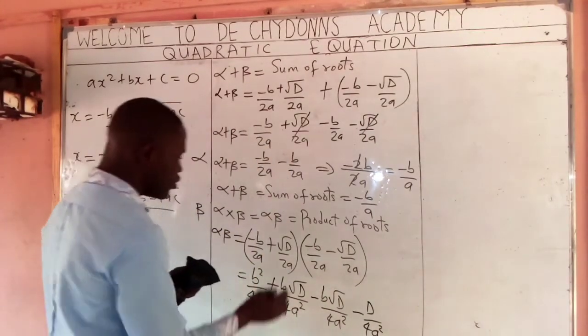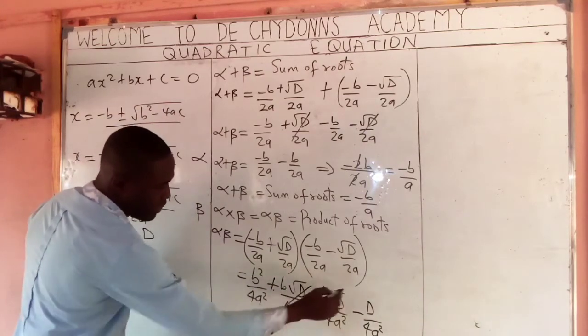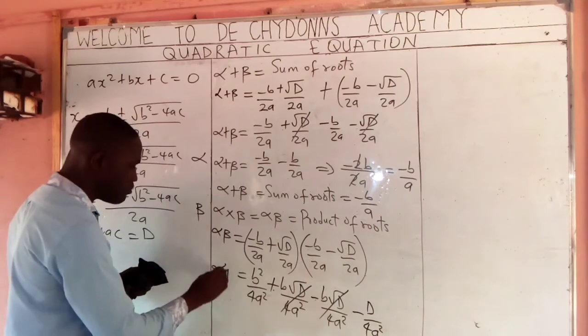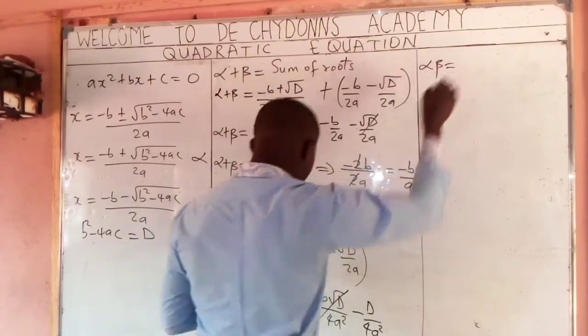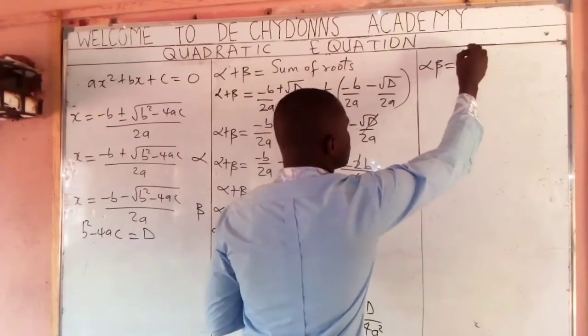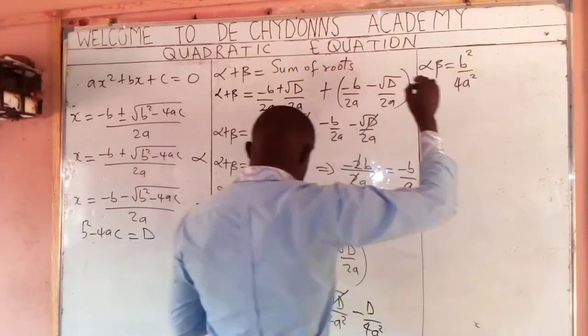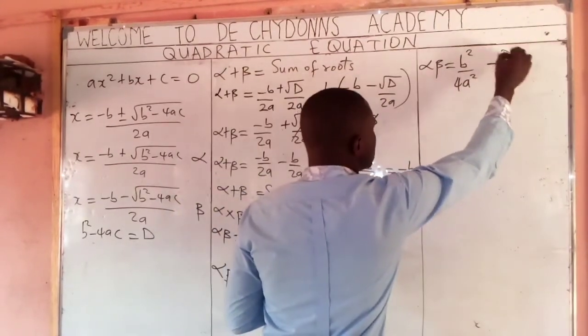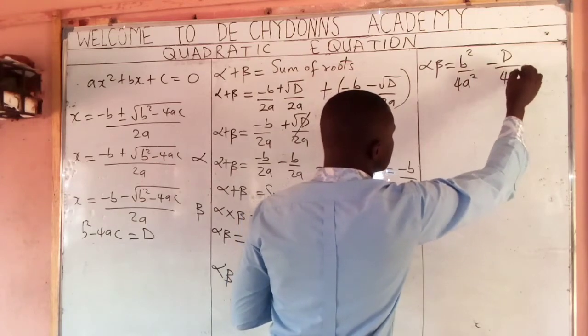Then we continue. This is plus and this is minus, and they are the same. This will minus this, alpha beta. Then we now say alpha beta equals b squared all over 4a squared minus d all over 4a squared.